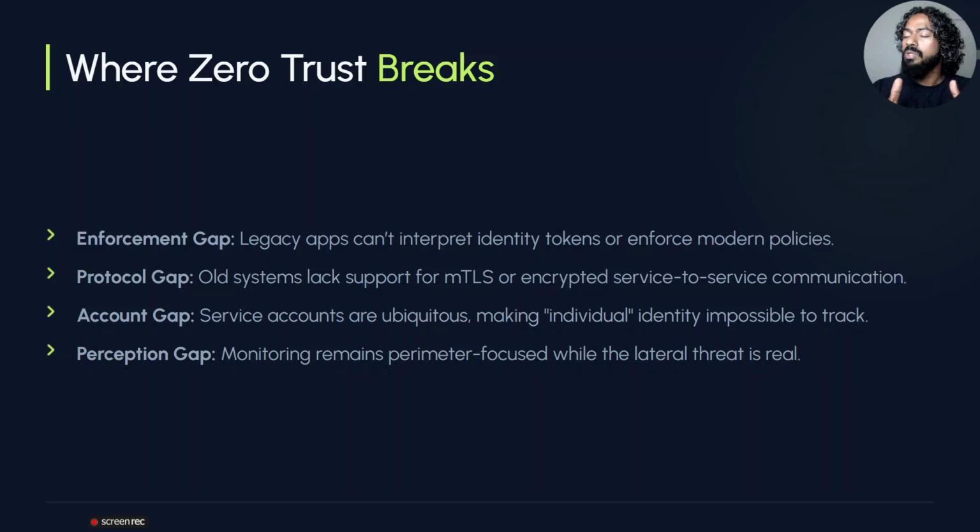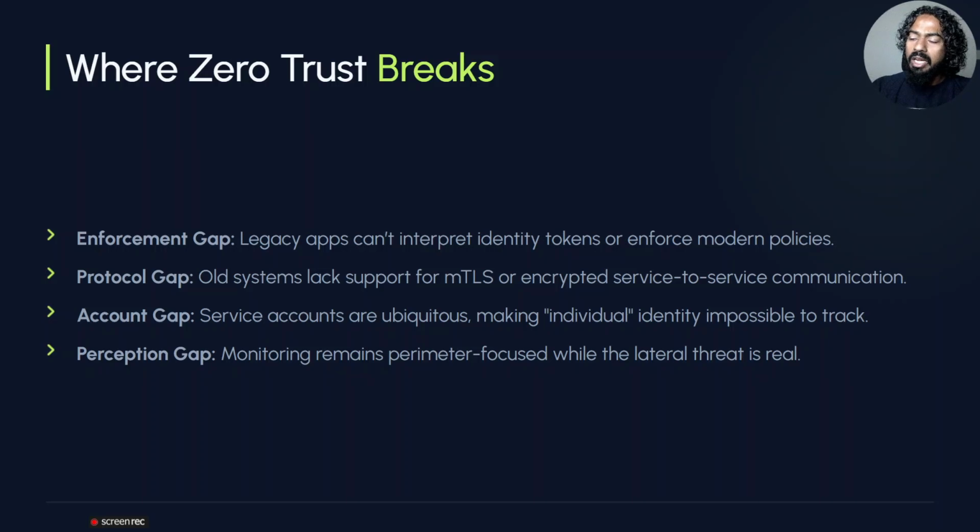Monitoring is only perimeter focused. So even if you deploy zero trust tools, the architecture underneath cannot support that model. It looks like you're building modern security on top of all the legacy assumptions, and that never ends well.